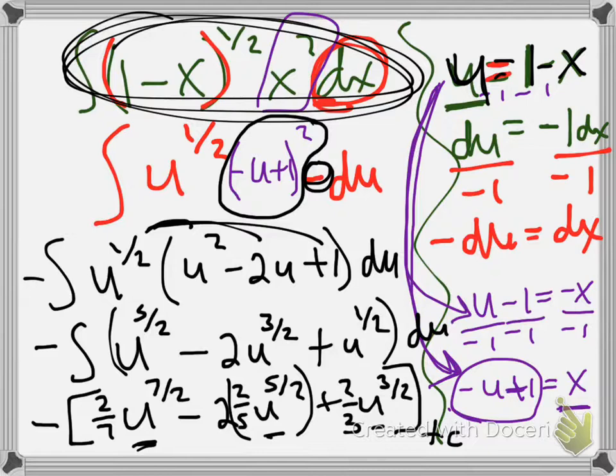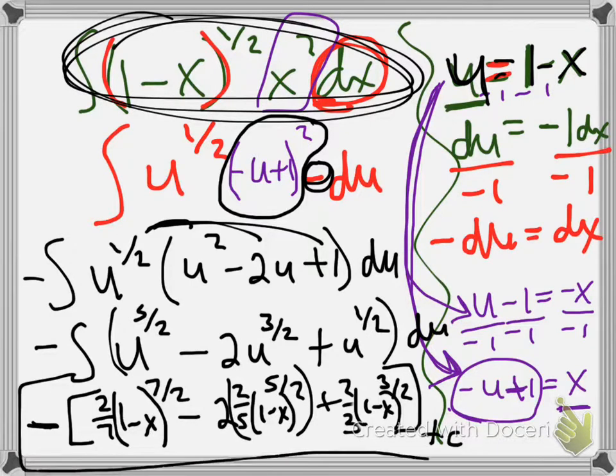So, everywhere I have a u, I'm going to replace that u with 1 minus x. 1 minus x, 1 minus x. And there's my solution with the negative on the outside and the plus c at the end.